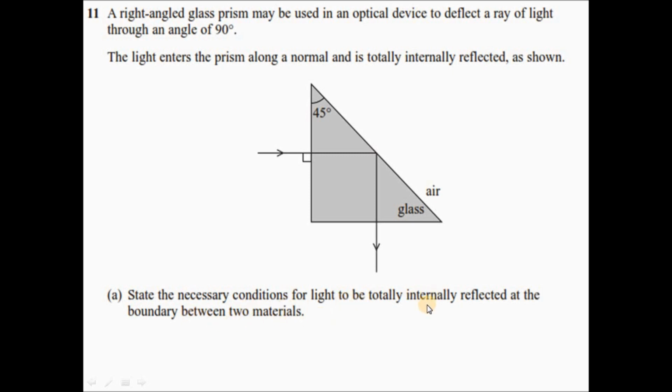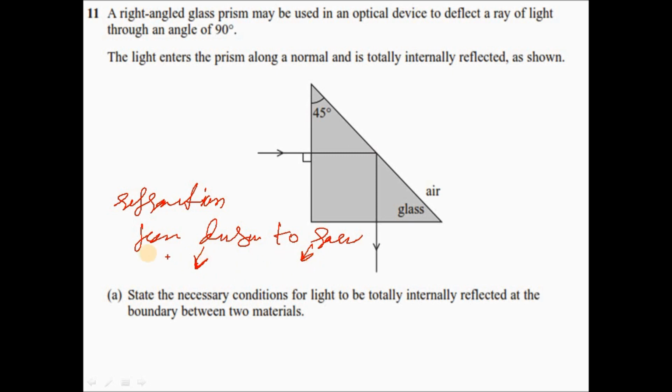So, the condition for total internal reflection. There are two important conditions. The refraction should be from a denser to a rarer medium, or high refractive index to low refractive index. If refraction is going from high to low, then we can have a chance of total internal reflection.